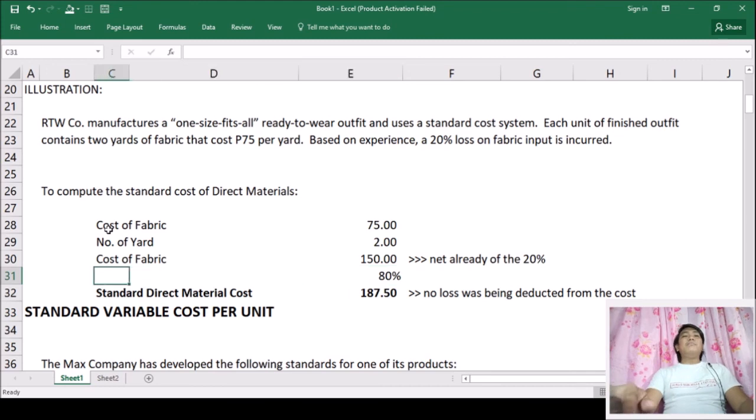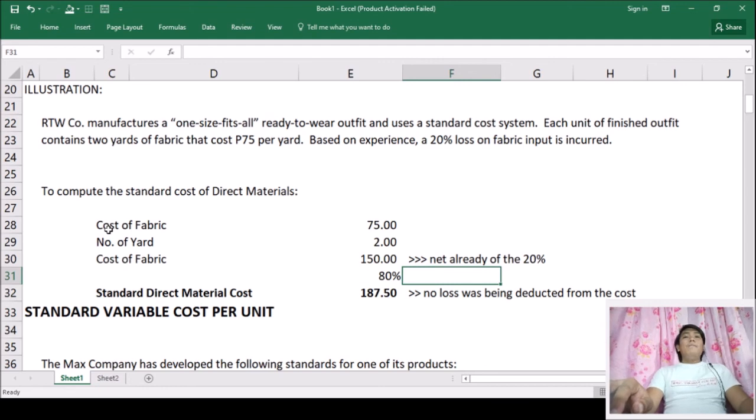Where does the 80% come from, sir? Okay, take note that the 150 pesos that we have computed is net already of the 20%. Meaning, the 150 pesos does not include the 20% loss on fabric input.